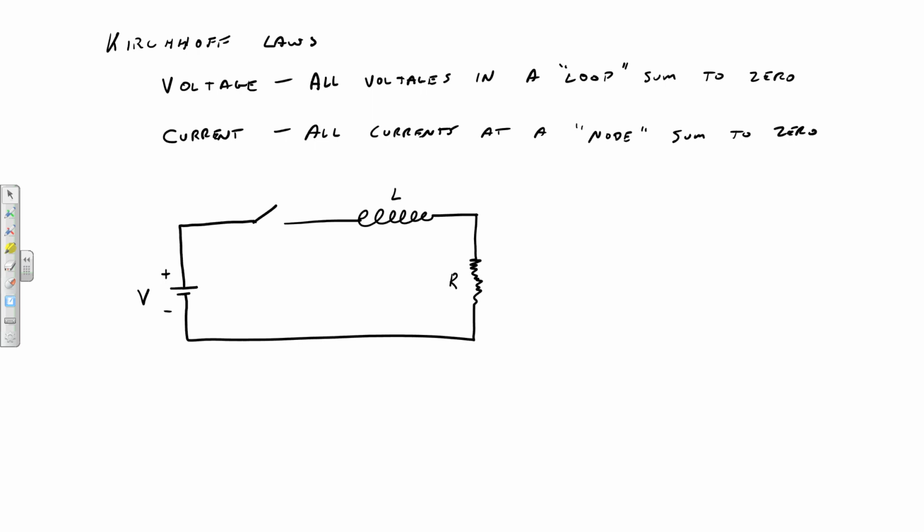And so typically when you do this, you'll ask, how do I start to write a model for something like this? You'll say, I'm going to have to assume a certain current direction. A lot of times we'll assume a clockwise direction. You don't have to.